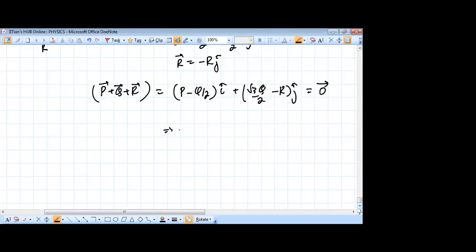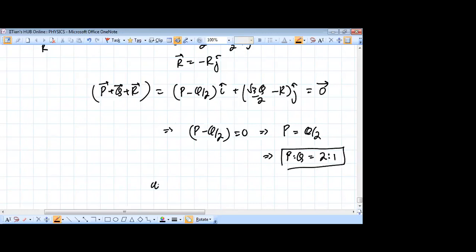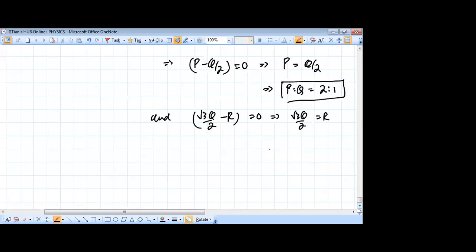So that means P minus Q by 2 should be 0, which means P should be equal to Q by 2, or that means P is to Q is 2 is to 1. And along with that, the y component should also be 0, so root 3 Q by 2 minus R should be 0, which means that root 3 Q by 2 should be equal to R, which means that Q is to R is equal to 2 is to root 3.